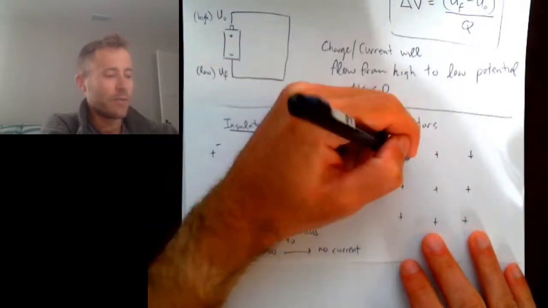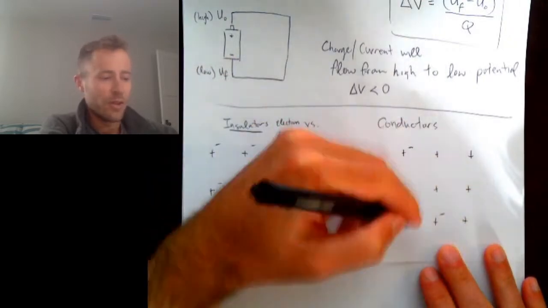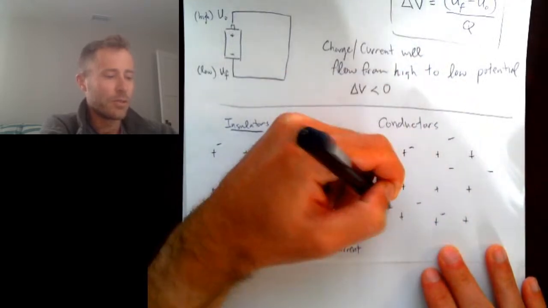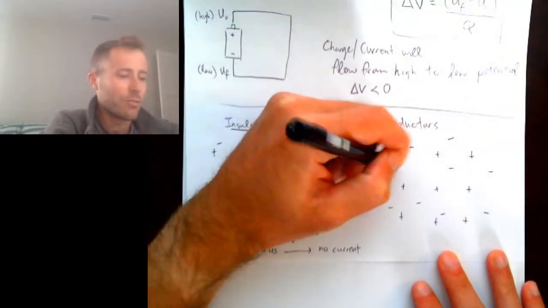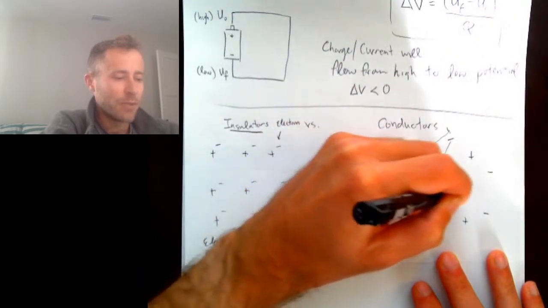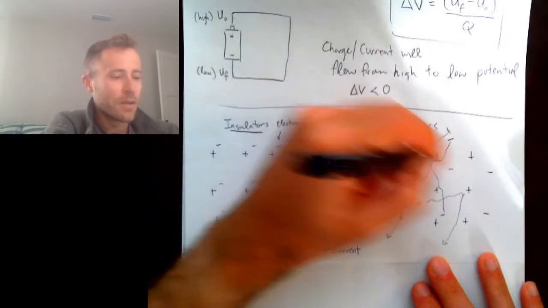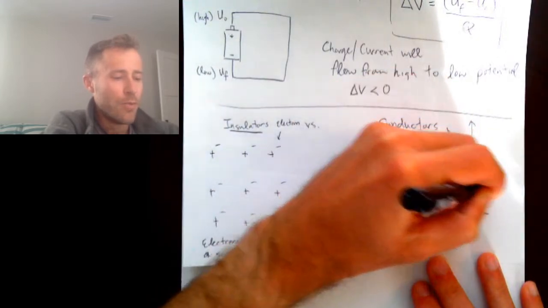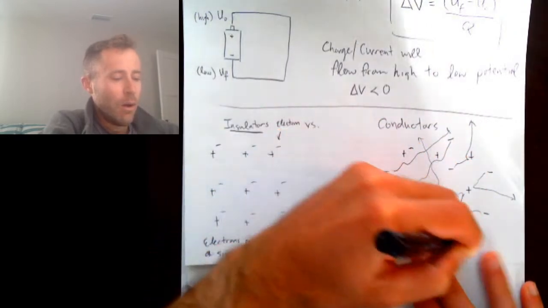So maybe we have 1 or 2 electrons that are still stuck, but then the other 7 are just YOLOing it through the material. 1, 2, 3, 4, 5, 6, 7. So they can just roam around wherever they want to go to their heart's content. Sometimes they can bounce off of stuff, but they're just going wherever they want, like that.